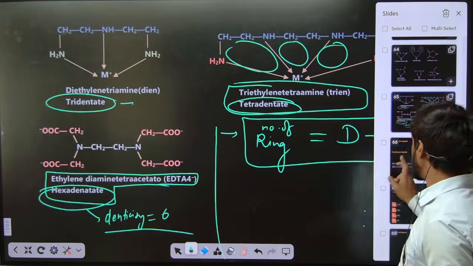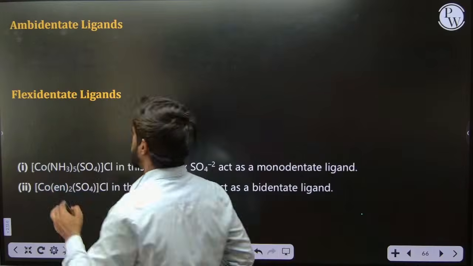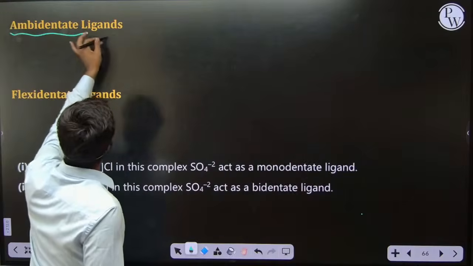Next type of ligand is the ambidentate ligand.